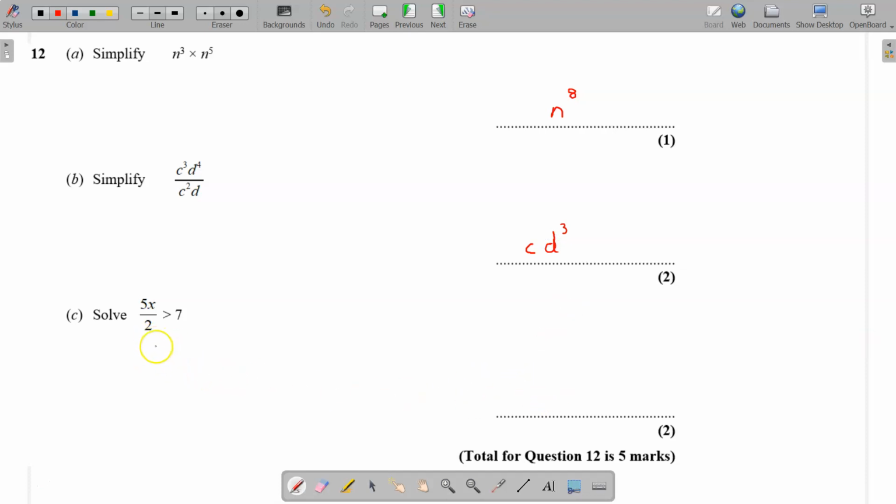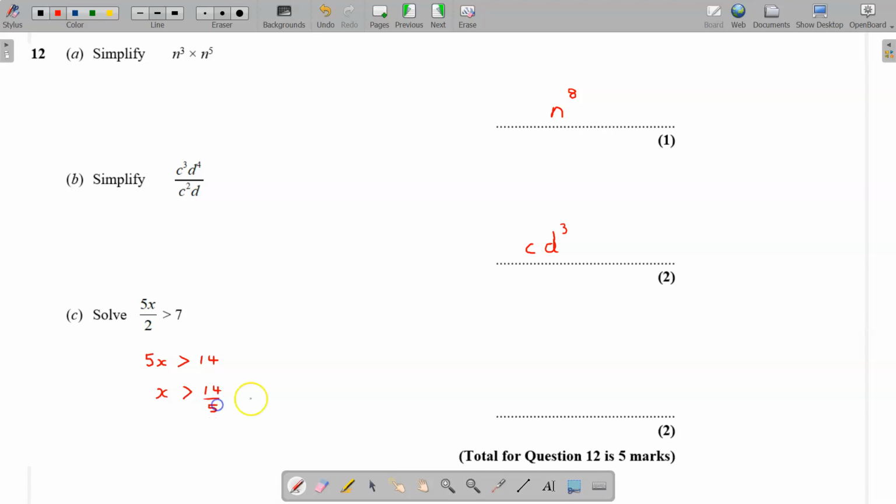This is a simple inequality to solve. Treat it like an equation, but use the inequality sign. Doubling both sides, I get 5x is greater than 14. Well, if 5x is greater than 14, x is greater than 14 over 5.